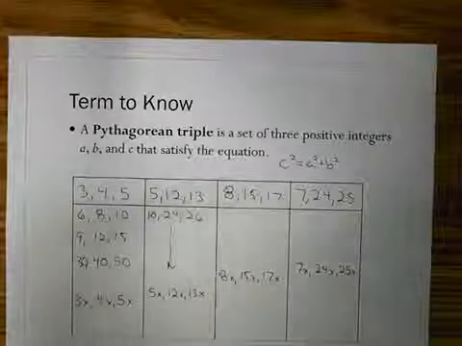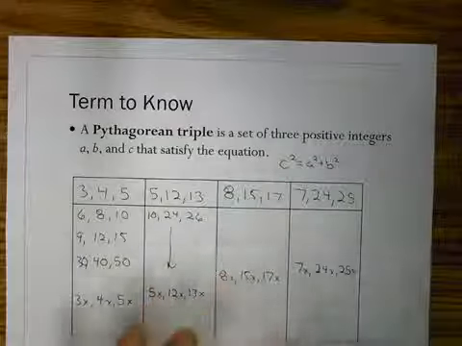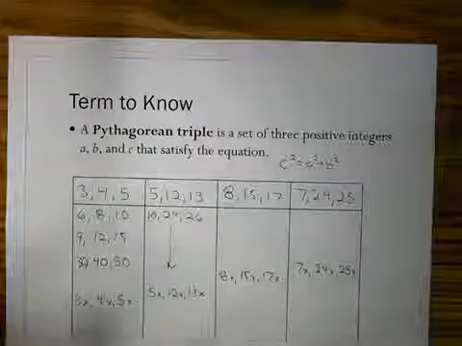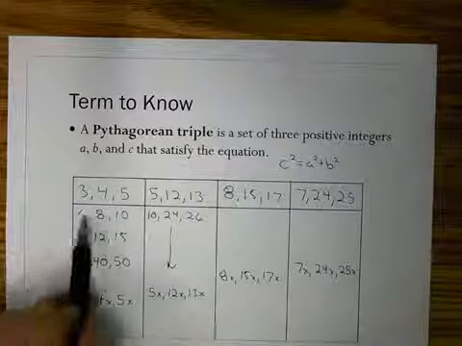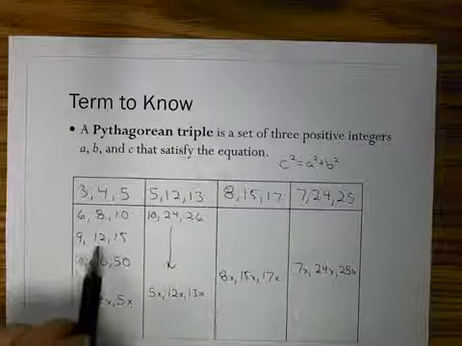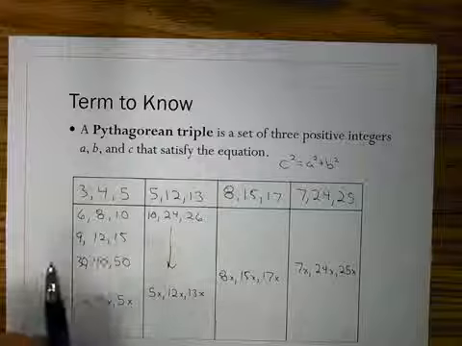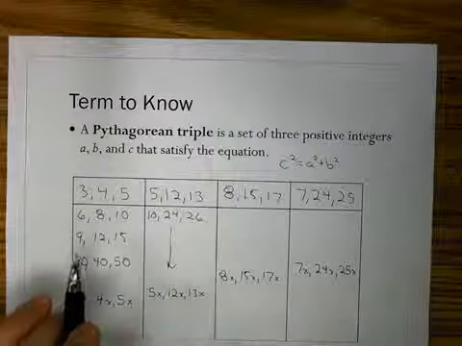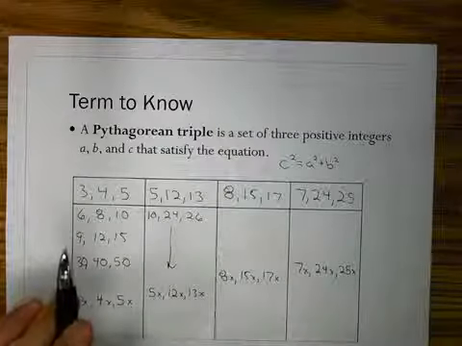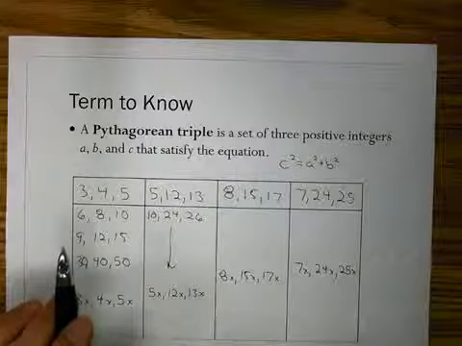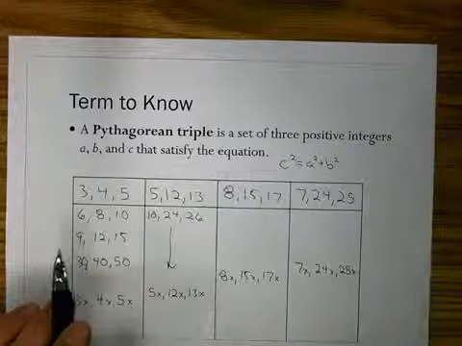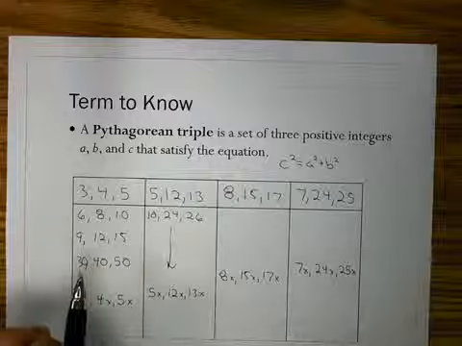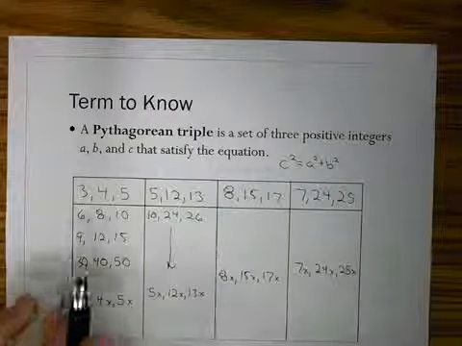So these are not the only Pythagorean triples. These happen to be the four smallest, the ones we'll see most often, and we may see them in different forms like 9, 12, 15. But they're just numbers that make it easier. They give us whole numbers. I don't have to have whole numbers here. We can get radicals, and we're going to see later on in next section where we actually start off with radicals and we have to solve with them. But these are just nice ones we happen to have.